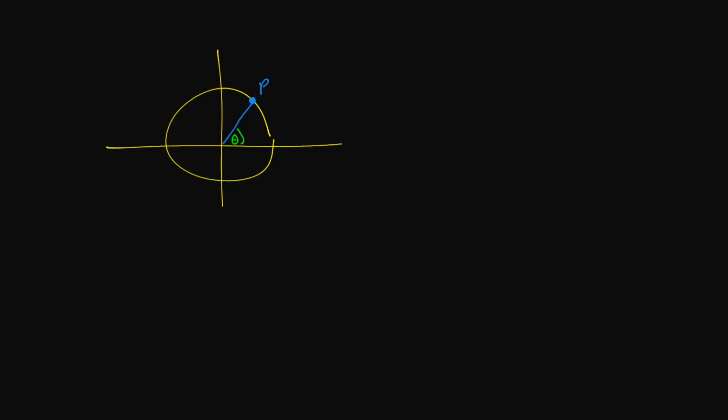This is measure theta, and this length is r, this radial r. We can note point P as theta, comma, r. That's one way, and this is a polar coordinate. So let me write that down: polar coordinate.